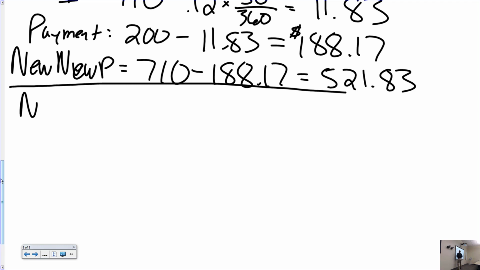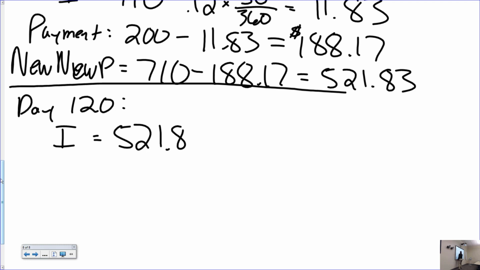All right, so final payment on day 120. So I owe $521.83, but in theory you keep telling me I owe interest. So how do I calculate the interest? PRT. What's my P? 521.83. What's my rate? Still 0.12. What's my time? 40. Thank you.